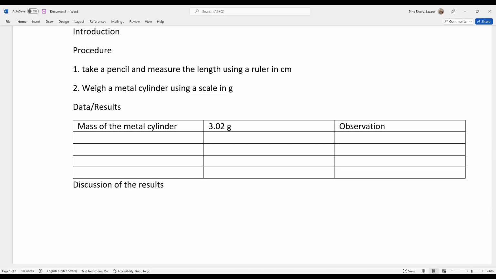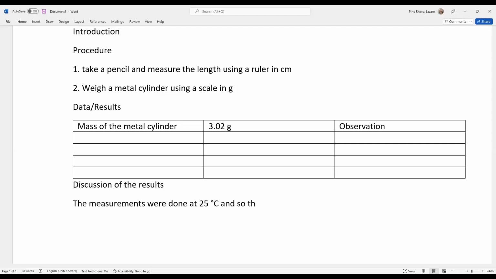And here you can say the measurements were done at 25 Celsius temperature.